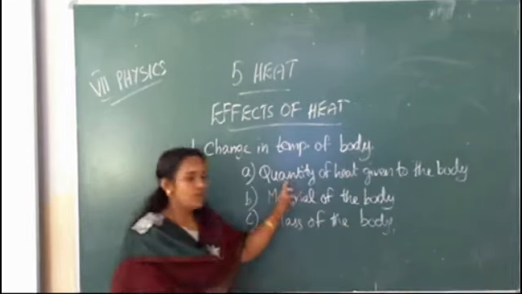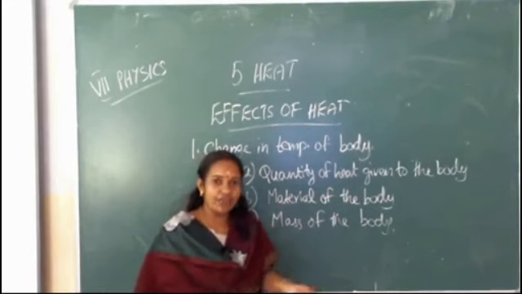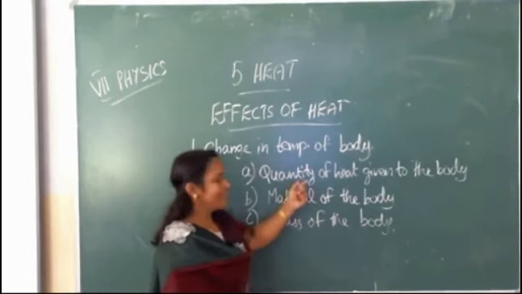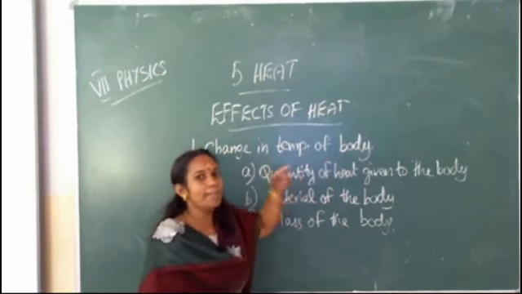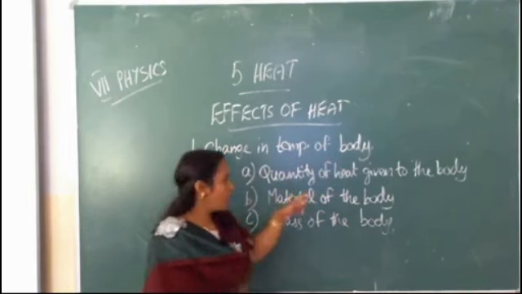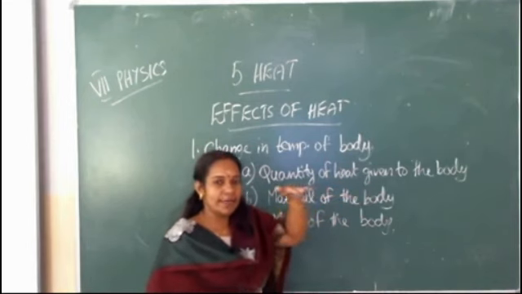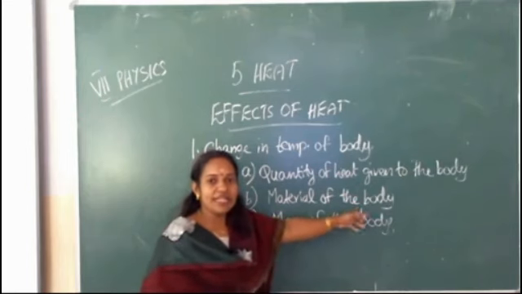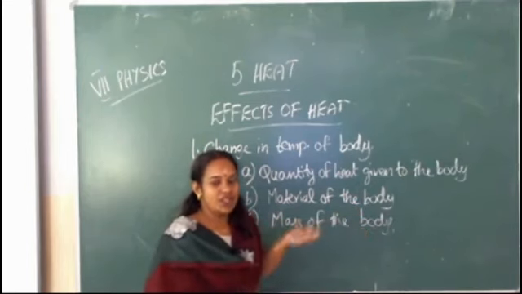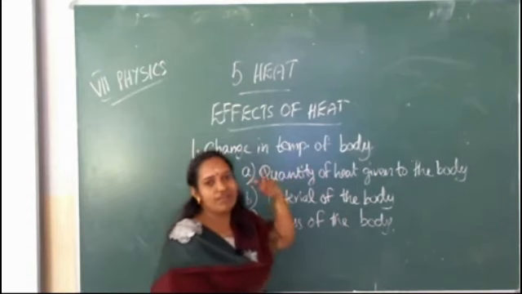They are, first one, quantity of heat given to the body. If you are giving large amount of heat to an object, that increase in temperature will be more. If you are giving only a small amount of heat to an object, the increase in temperature will be less. Material of the body. If it is a conductor, it will absorb large amount of heat and the increase in temperature will be more.